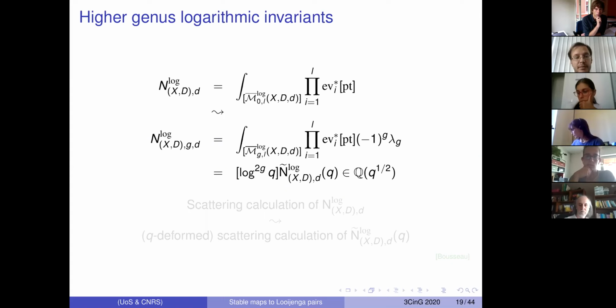Now, the expected dimension of the moduli space of log stable maps to X and D in higher genus is higher by g than the one in genus 0. So we can compensate for the fact that the dimension of this virtual count goes up by introducing extra incidence conditions.